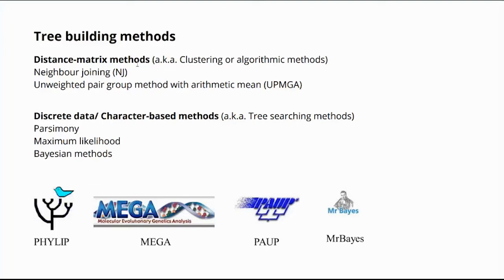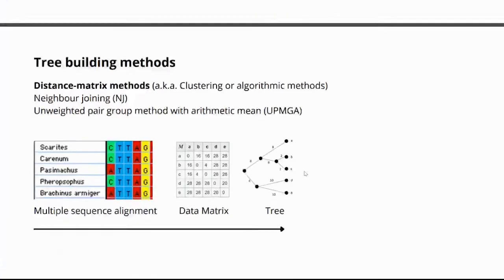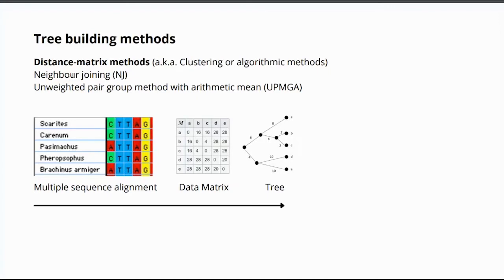Let me give more information about tree building methods. Let me explain again. There are two categories of tree building methods: distance matrix methods and discrete data methods. In a distance matrix method, a multiple sequence alignment is first converted into a data matrix.